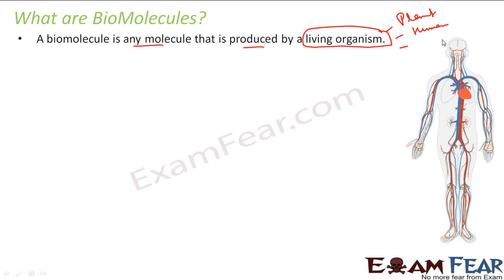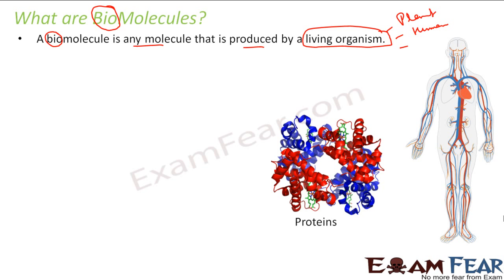It can be algae. So any living organism that produces a molecule, it's called a biomolecule. Bio plus molecule: bio is nothing but living organism and molecule is a normal molecule. So any molecule produced by a living organism is called a biomolecule.